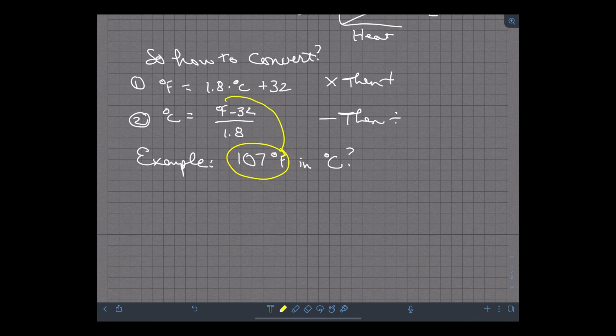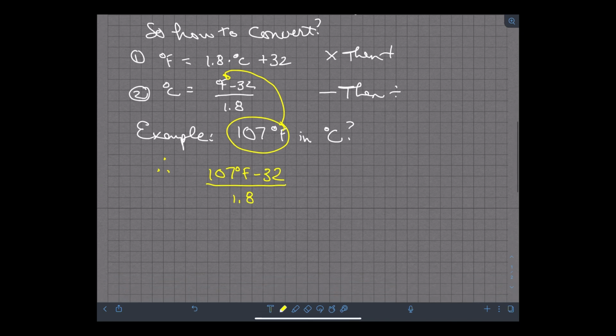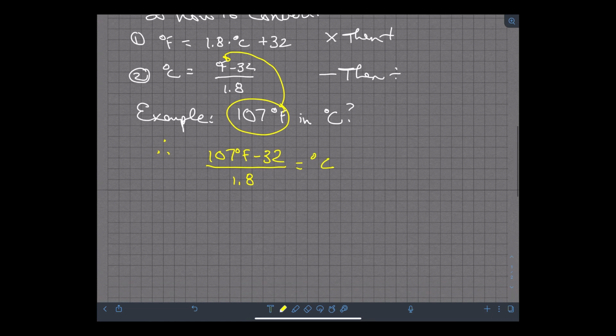So take the 107, and we're going to plug it into that equation up there. Therefore, 107 minus 32, divided by 1.8, is going to be equal to whatever that same temperature is in Celsius.